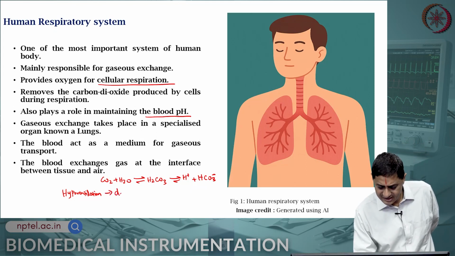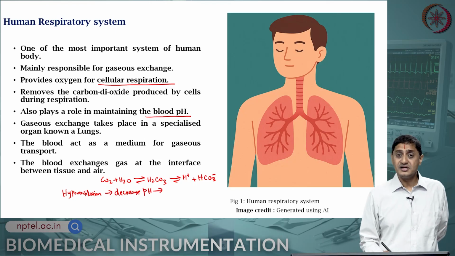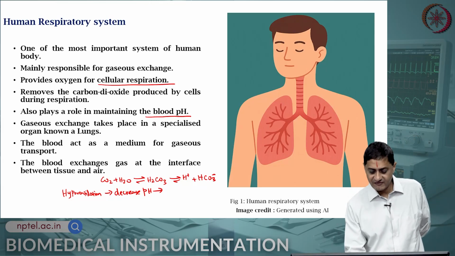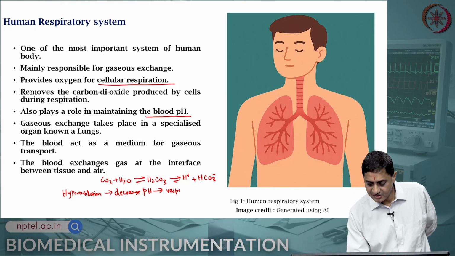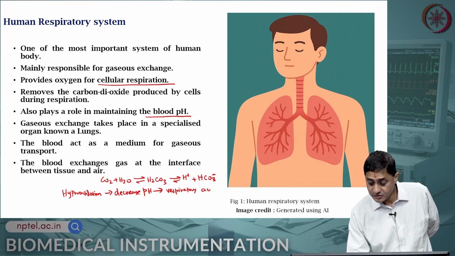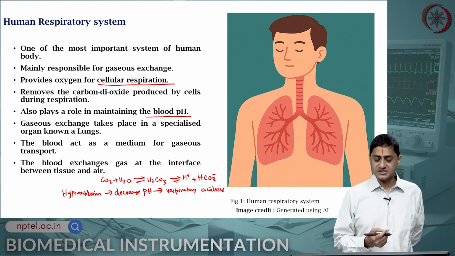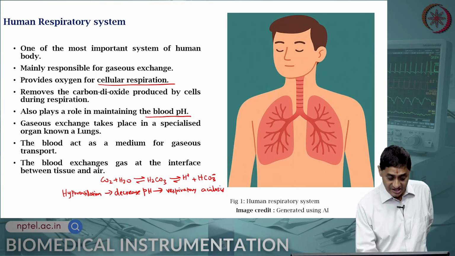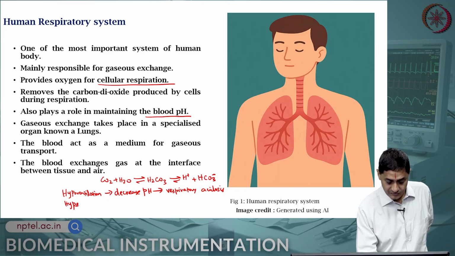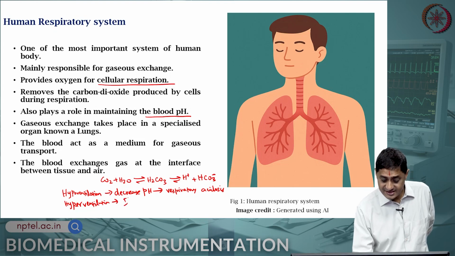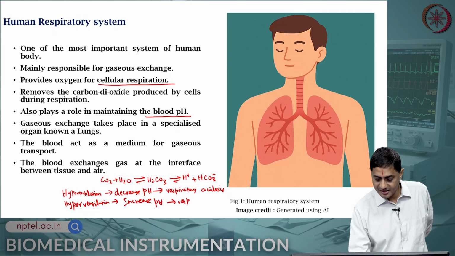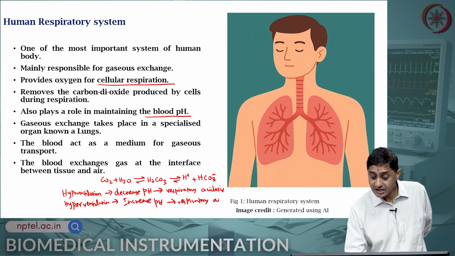Essentially, it decreases pH, leading to a situation in which you have respiratory acidosis. Essentially, a dangerous situation. Hyperventilation, on the other hand, increases pH, leading to respiratory alkalosis.